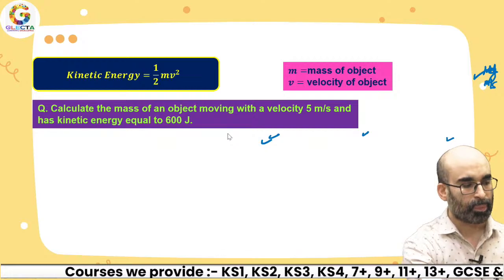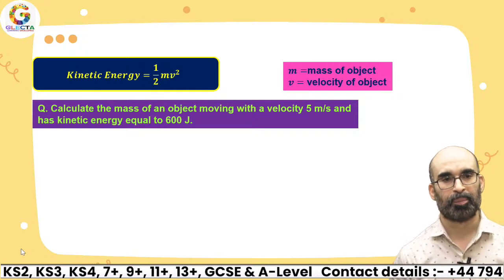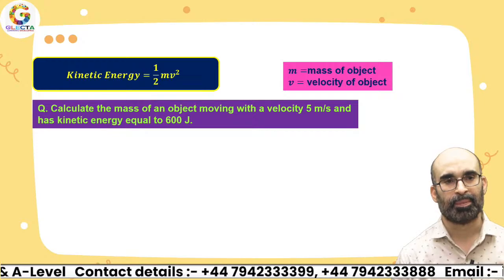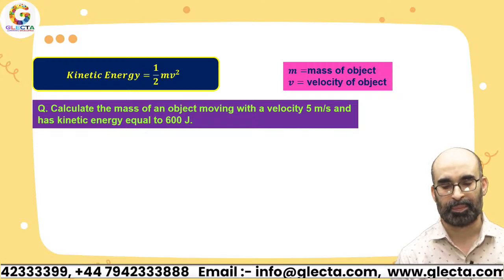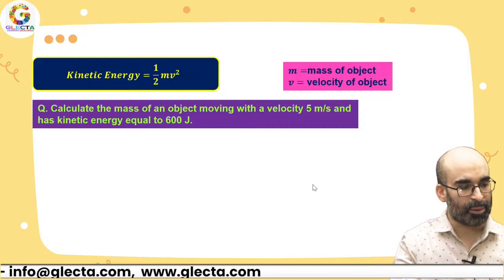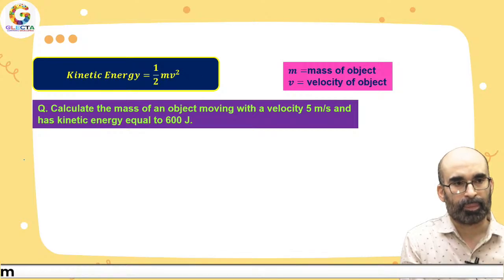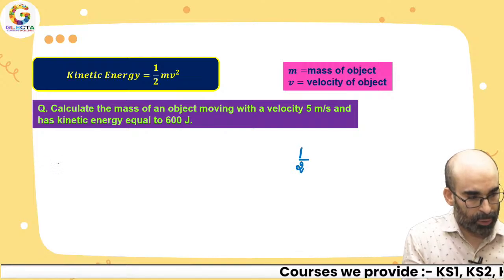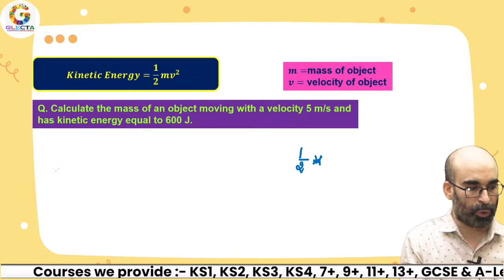Go ahead. Try solving it. I'm waiting for your answer. Michael, Advait, Emmanuel, Dennis, come on, give me the answer. Are you able to get that? You need to use the equation: half times mass times velocity squared.